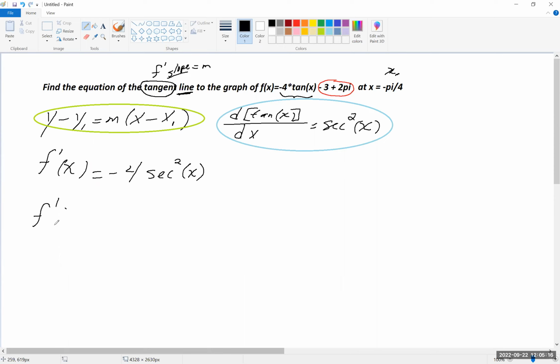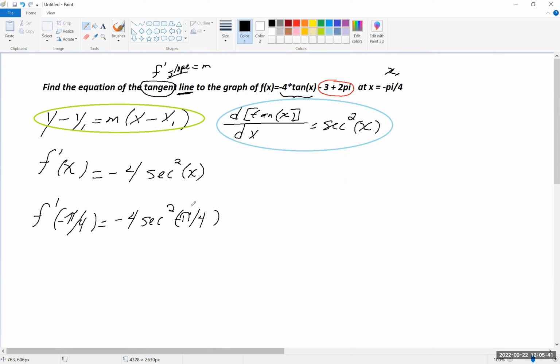So f prime of minus pi over 4 is minus 4 secant squared of minus pi over 4.